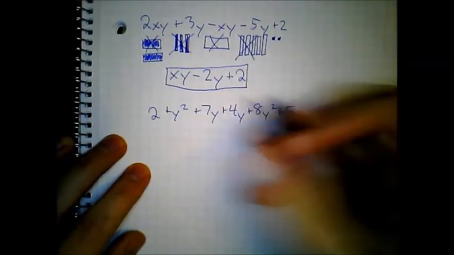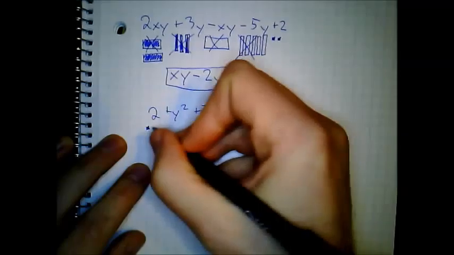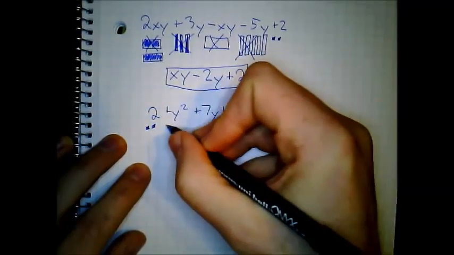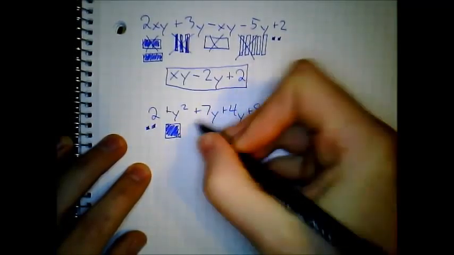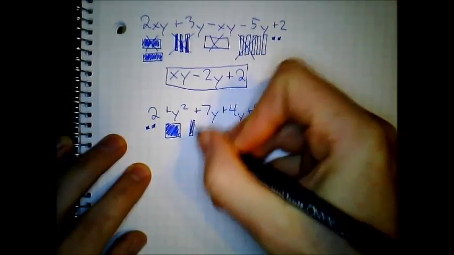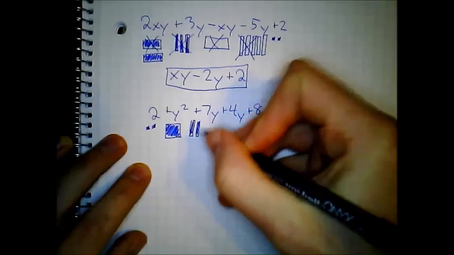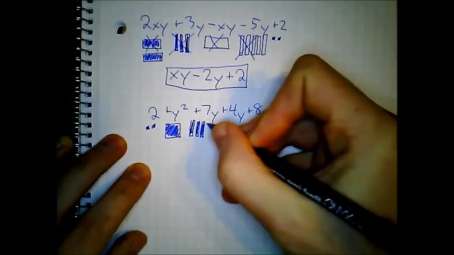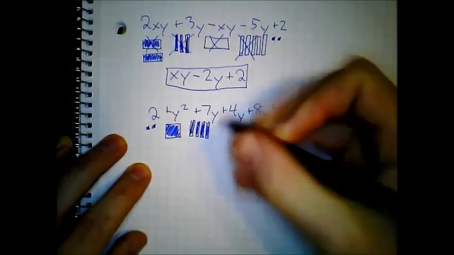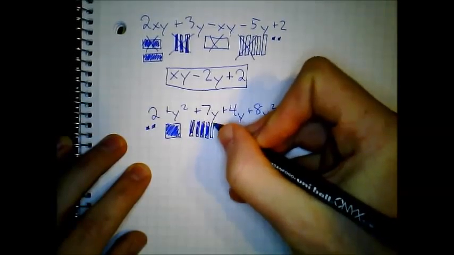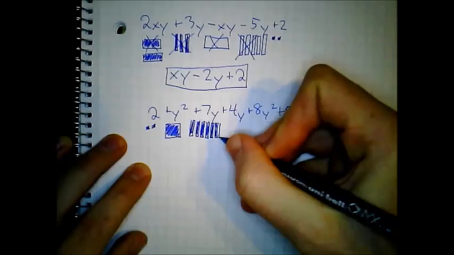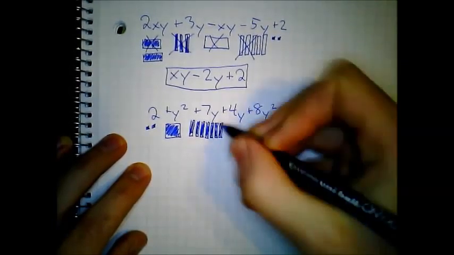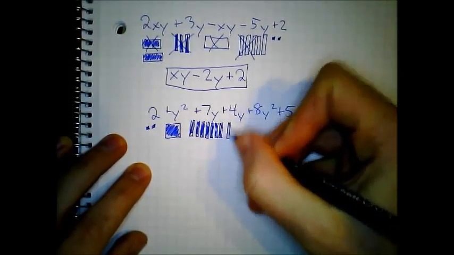Okay, so let's draw what we have. We have a positive 2 unit tiles. We have a positive y squared tile. We have a positive 7y tiles. Again, we take the time to draw because we know it's better to take 30 seconds on a problem and get it right than get it wrong in 5 seconds. Okay, we're going to draw 4 more y tiles.